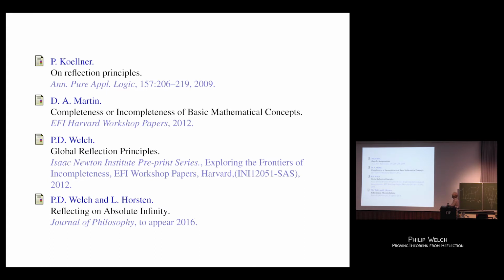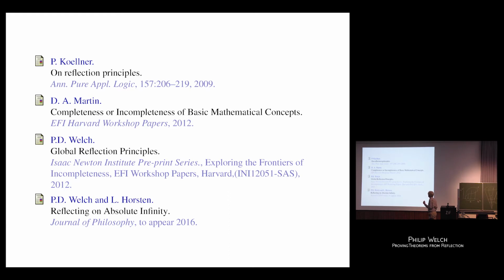Just some little bibliography here, strange place to put it, in the middle of the talk, not at the end or the beginning. So this was influenced by a paper of Peter Koellner, who analyzed new proposals for some reflection principles and showed again that they were consistent with V equals L or inconsistent.